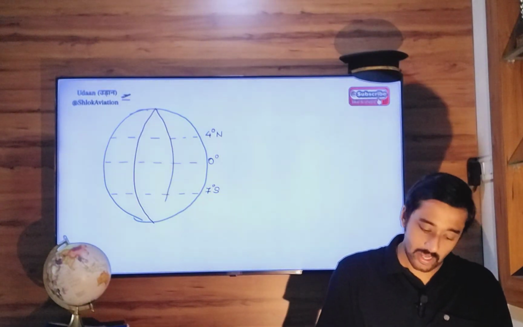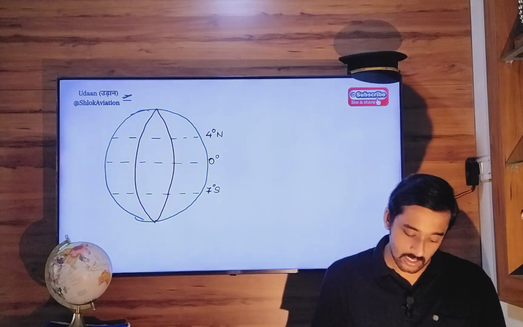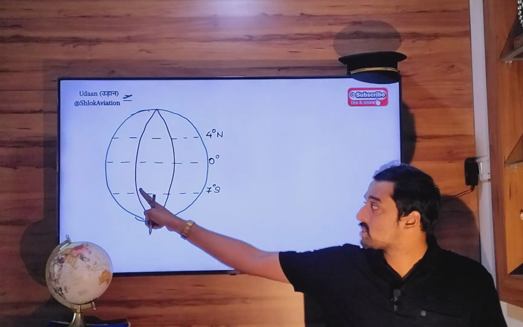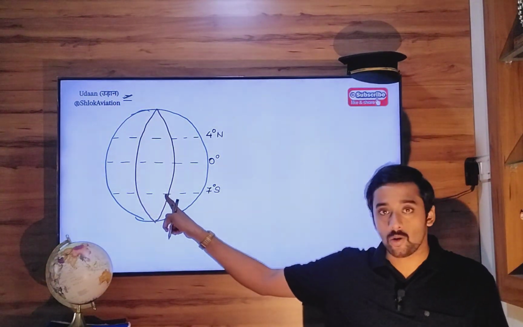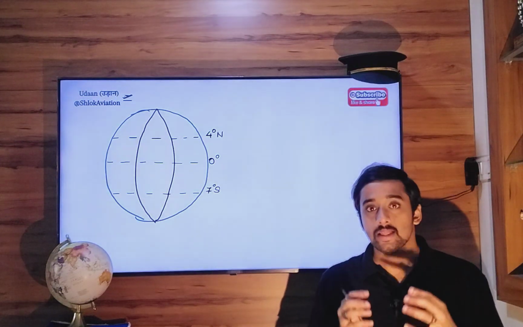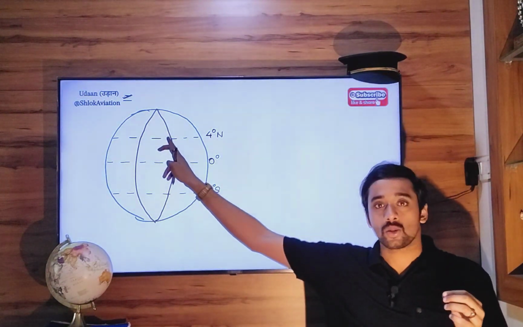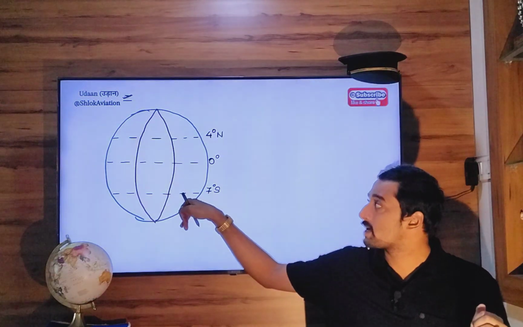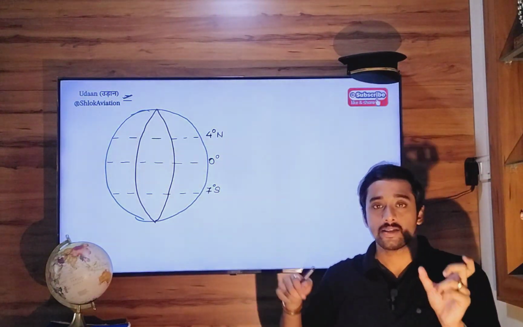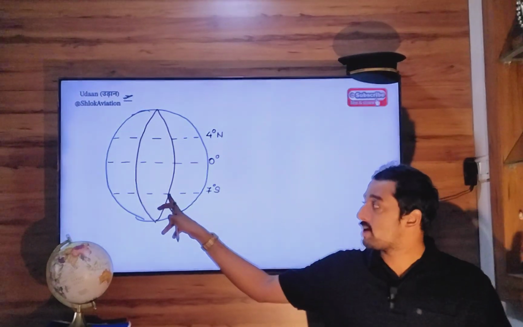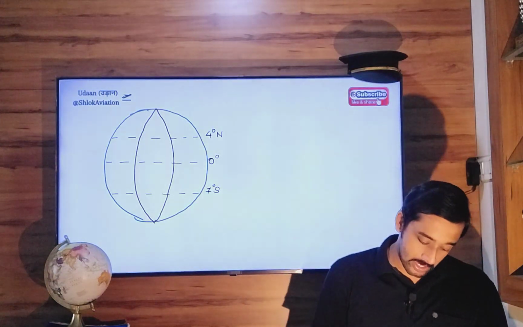Let's say these are the two meridians that we are discussing in the question. So convergency between these two meridians at 7 degrees south will be more than the convergency at 4 degree north latitude. Okay, 7 degree latitude is more than 4 degree. So 7 degree convergency will be more than 4 degree.